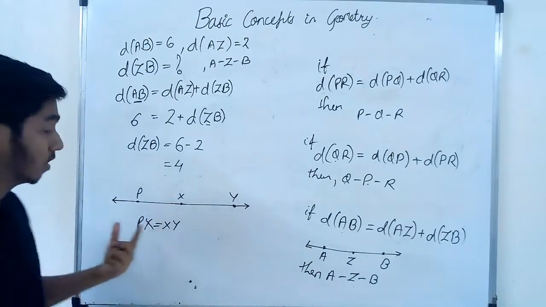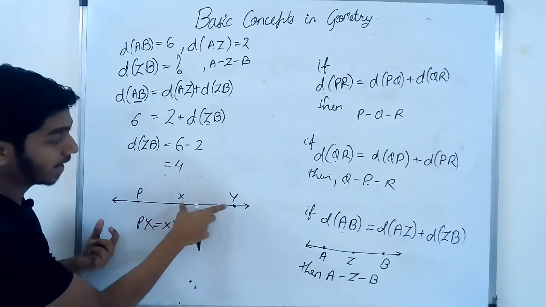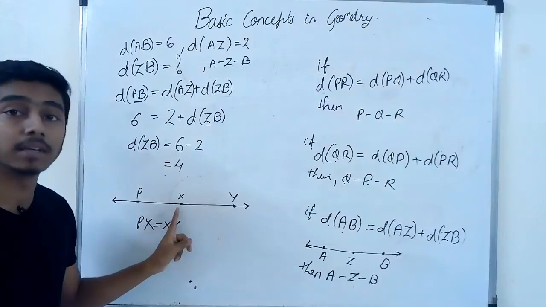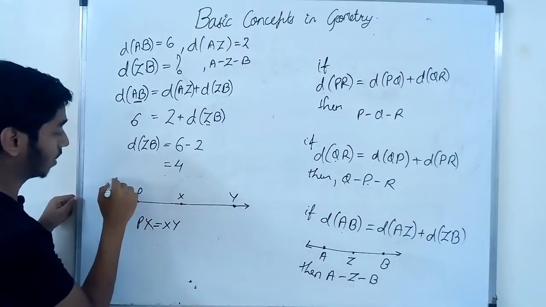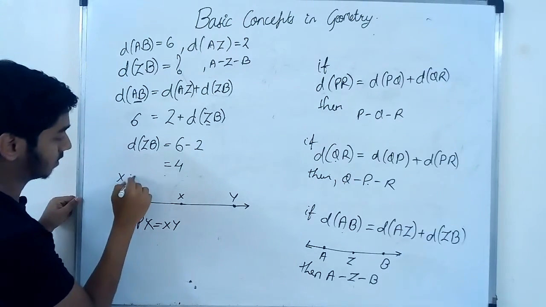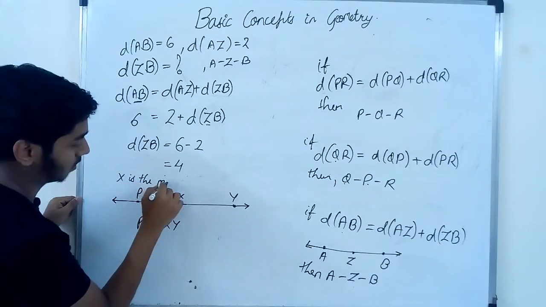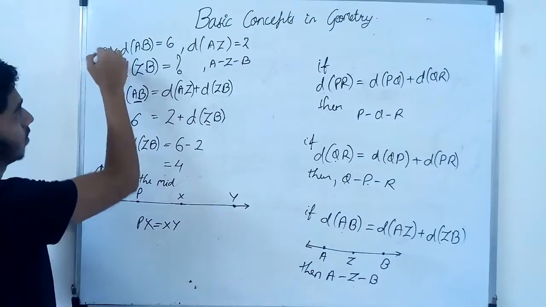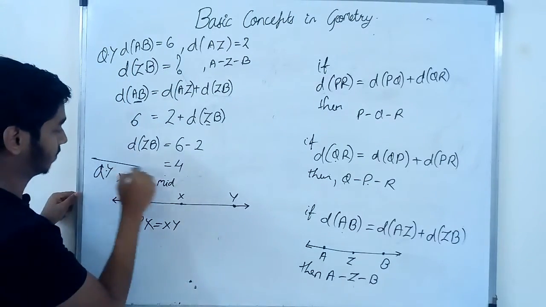What does this mean now? Px and xy is equal. So this means that x is the midpoint. So this is another question.